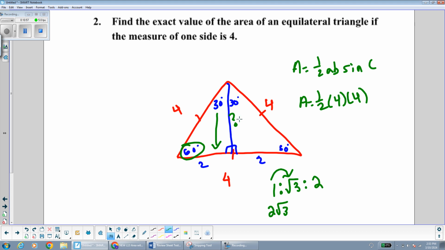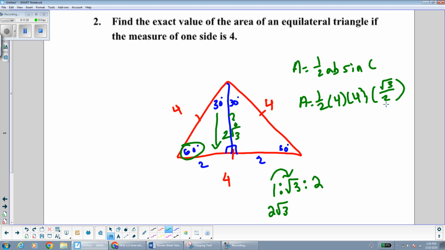So over here, this is 2 radical 3, the opposite side, and sine is opposite over hypotenuse. So sine would be 2 radical 3 over 4, which is the hypotenuse. But 2 over 4 reduces to 1/2. So I'm just going to write that as radical 3 over 2. You can pretend there's an invisible 1 here, so that way you can see the 1/2.